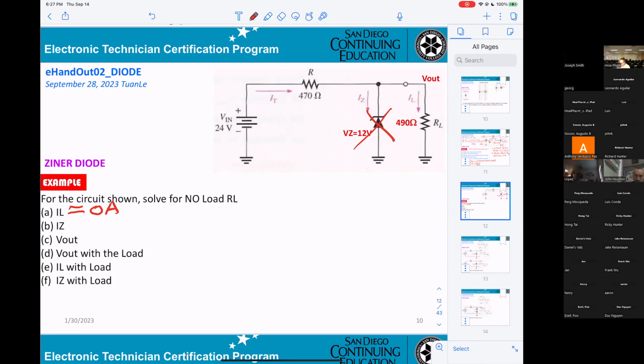Look like no Zener. Without the Zener, what is V? 24 volt.